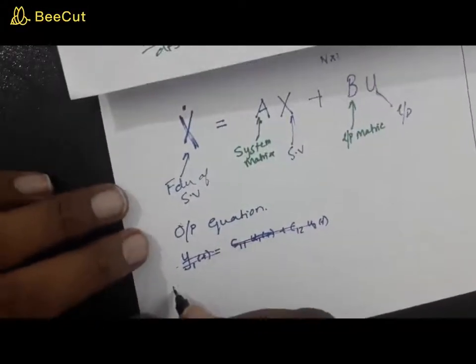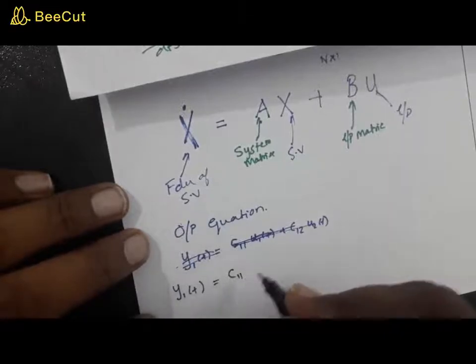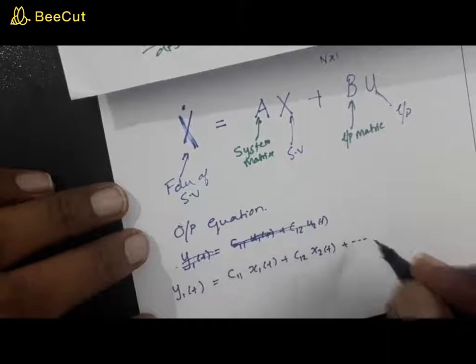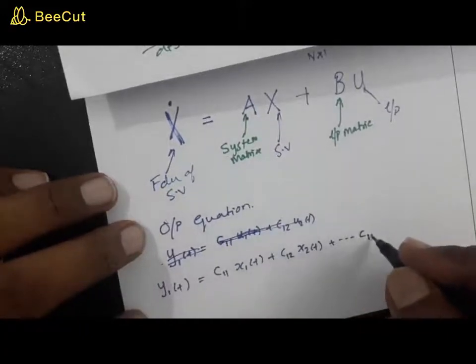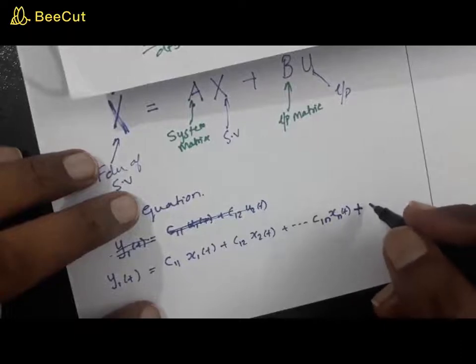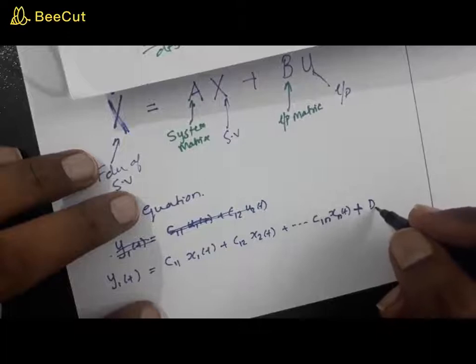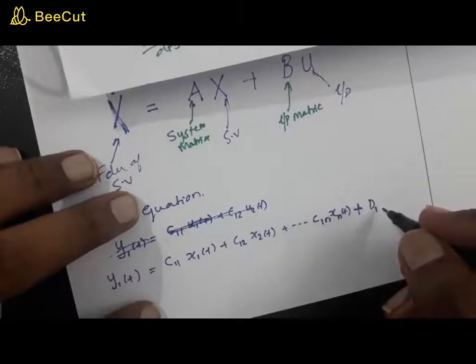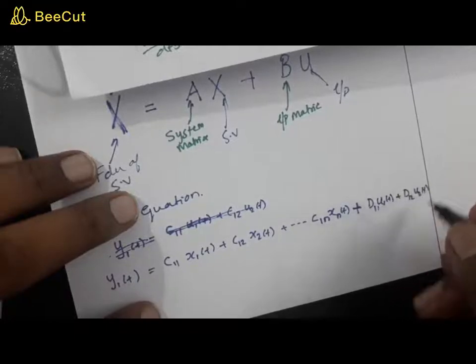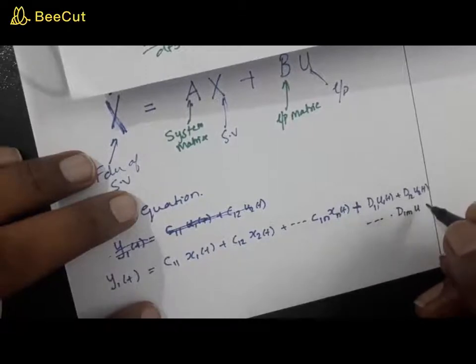So you can write this y1 of t as equal to c11 into x1 of t plus c12 into x2 of t, etc., up to c1n into xn of t, plus then you have some d11 into u1 of t plus d12 into u2 of t, etc., up to d1m into um of t.